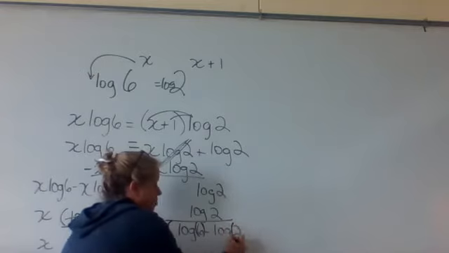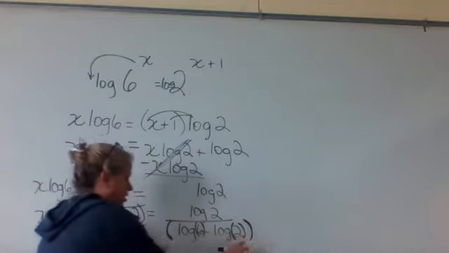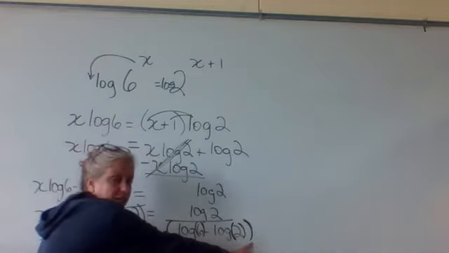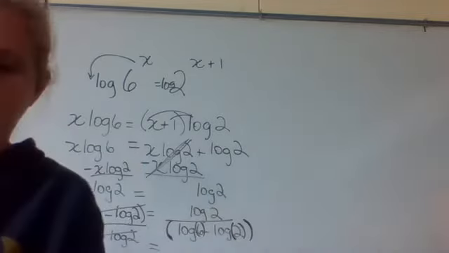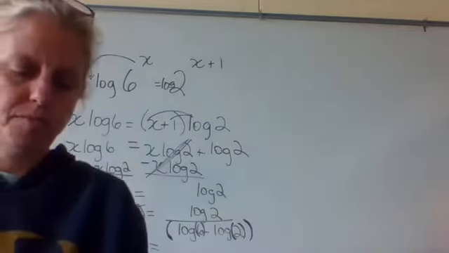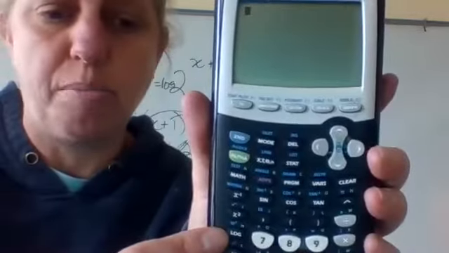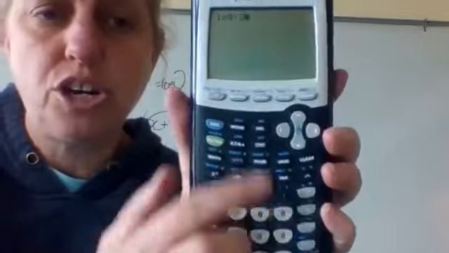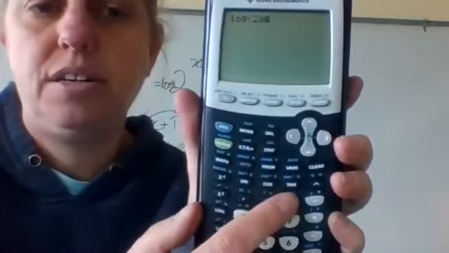You'll have to close out the parenthesis for the log, and then another closed parenthesis to close out the whole denominator. So when you type it in, up top you'll have log 2, so just your regular log button, then your 2. Now remember, it automatically gives you an open, so you need to close it.